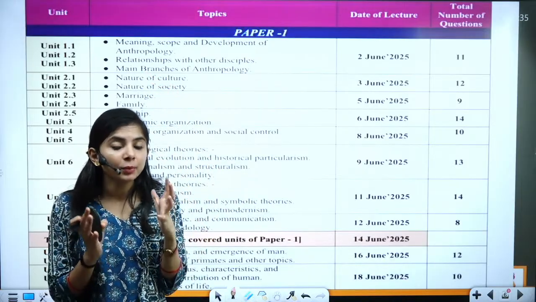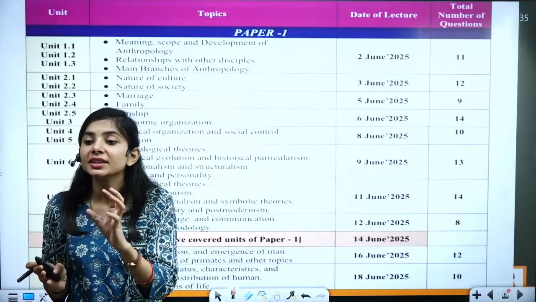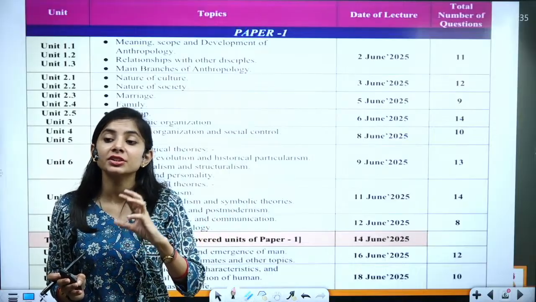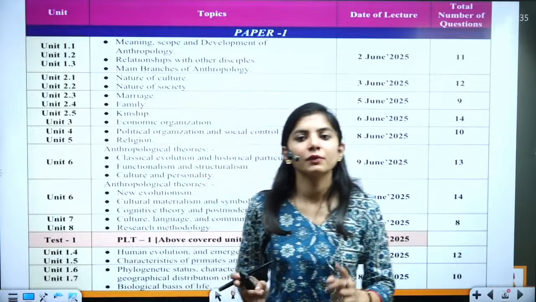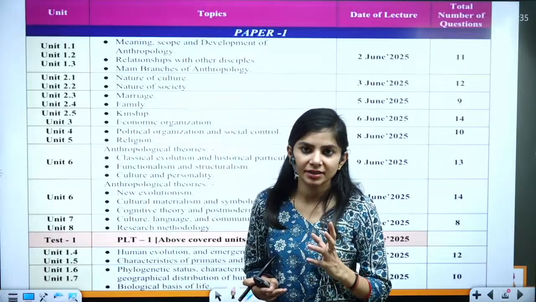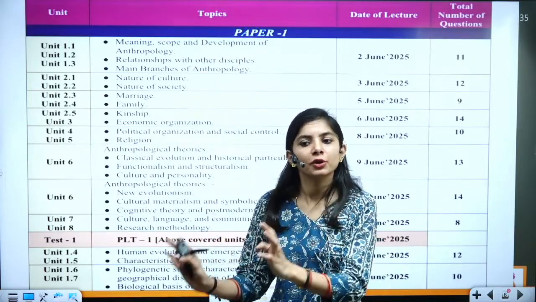Means if you are putting more and more effort, you can create a difference of 40 to 60 marks. But in your GS marks, there is no such scope. Therefore, for optional, at least like now, if you are preparing for your mains, you should study at least for 10 hours. 5 hours for your optional, 5 hours for your GS.